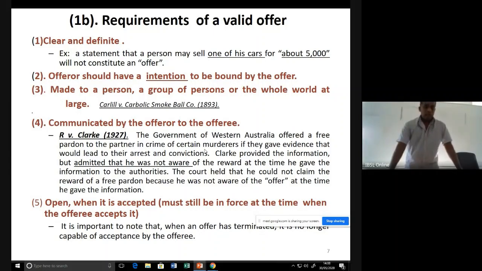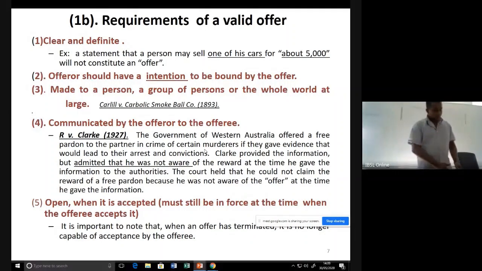If the expiry date is not mentioned, the offer comes to an end within a reasonable time. Everyone, you have to note this down. If the expiry date is mentioned in the offer, it is valid only during that period. After that, the offer is null and void.